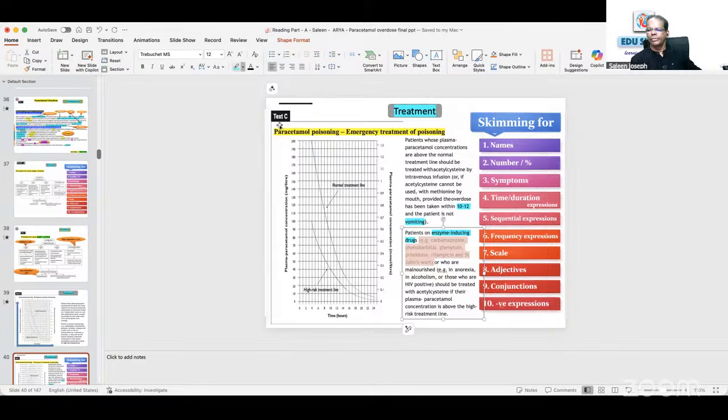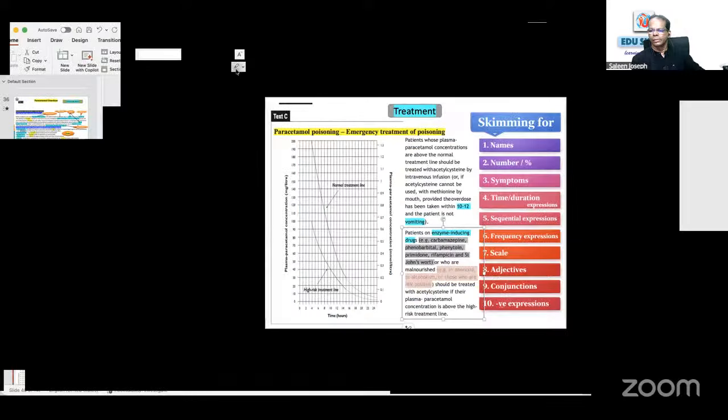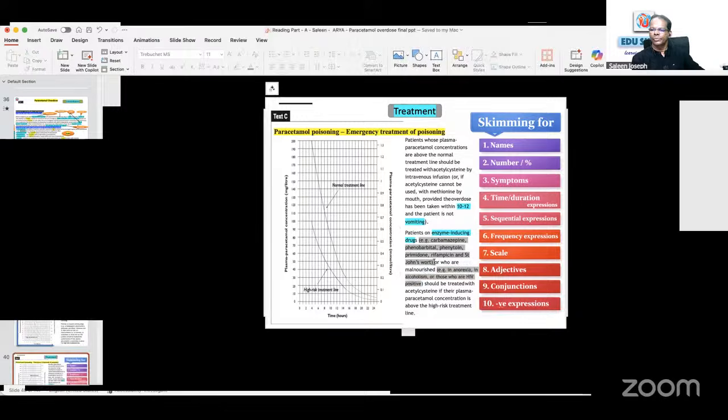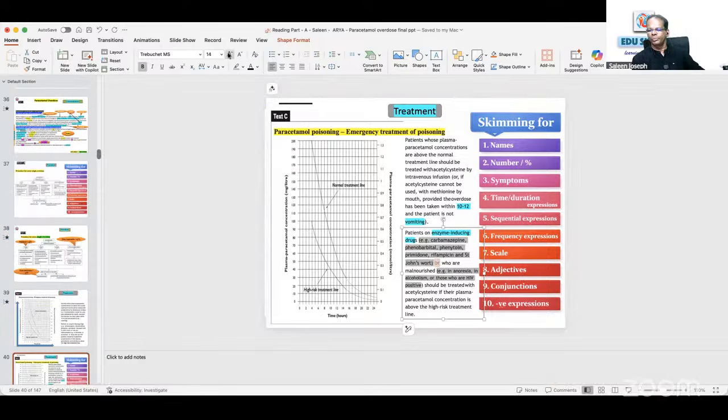That is secondary information. If they ask about enzyme inducing drugs, then you can come and look into this paragraph. And "or" is always important. Remember I told you, wherever conjunctions, the FANBOYS, come, they are important.